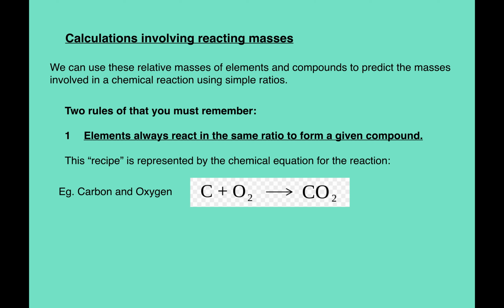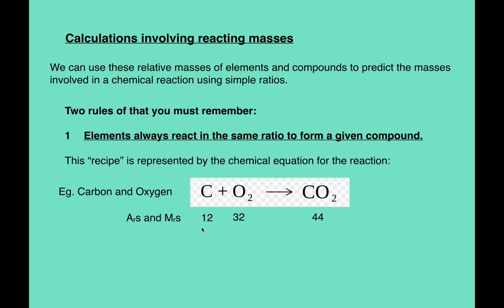Now if we look at relative atomic and molecular masses, that makes 12 for the carbon, 32 for the oxygen, and 44 for the carbon dioxide.